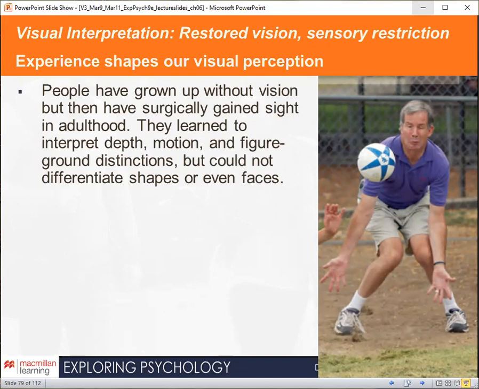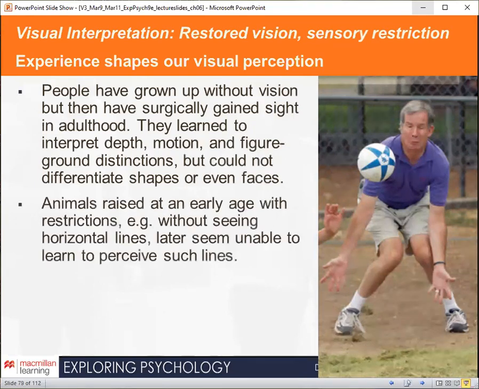So here, they're able to learn and interpret depth and motion and figure-ground distinctions, but could not differentiate shapes or even faces. Animals raised at an early age with restrictions, for example, without seeing horizontal lines, later seem unable to learn to perceive such lines. So there is some idea of a critical time period that's required for us to take this information in and integrate it into our mental processing when it comes to our ability to sense and perceive.